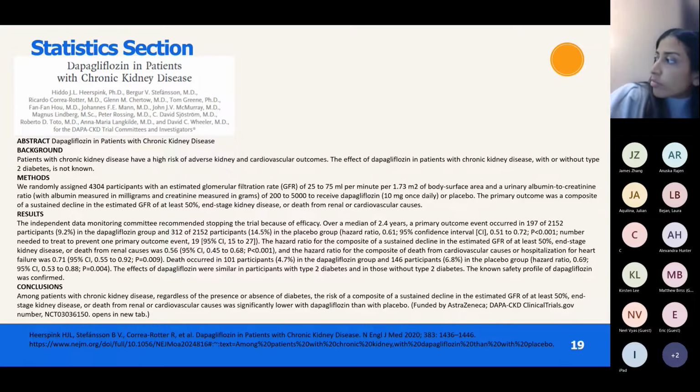Anyone want to have a go interpreting some statistics? Just highlight a few things.